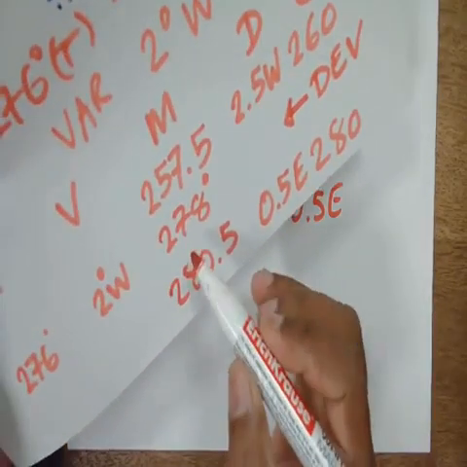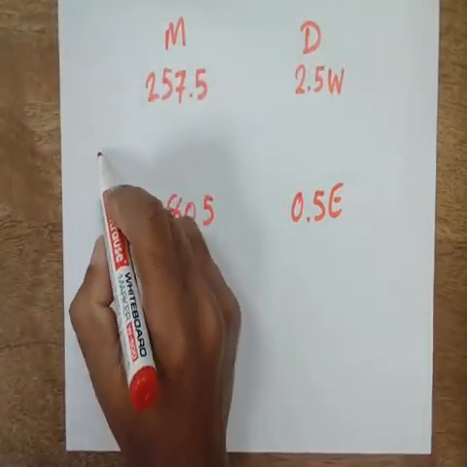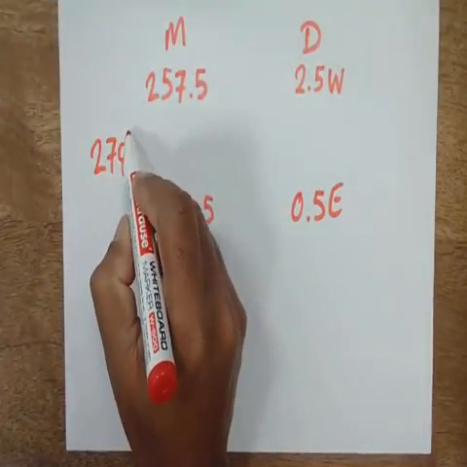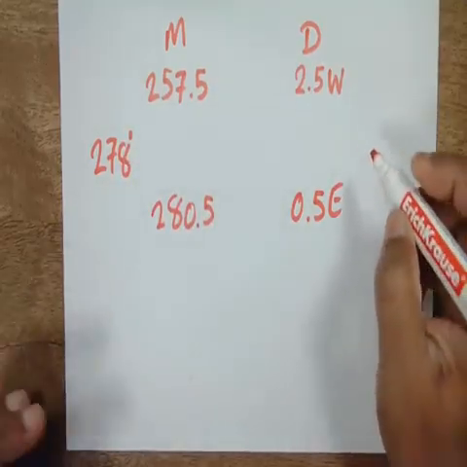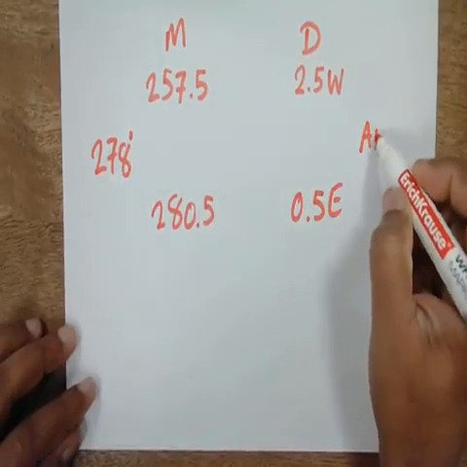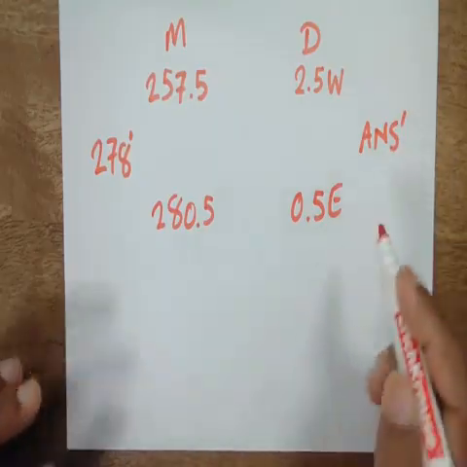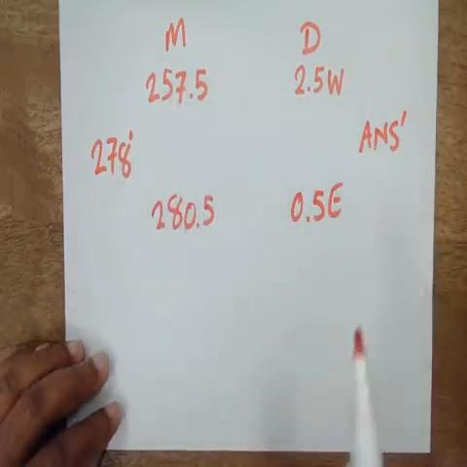So what we need to find out is 278. So the corresponding answer will come when we interpolate in between these values.